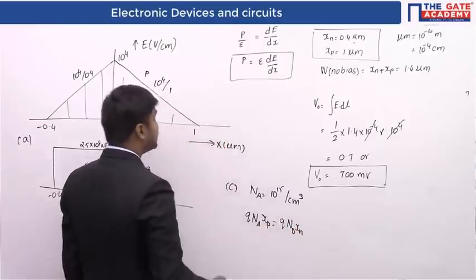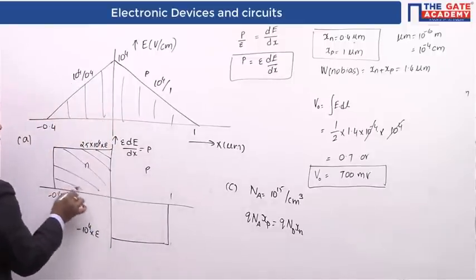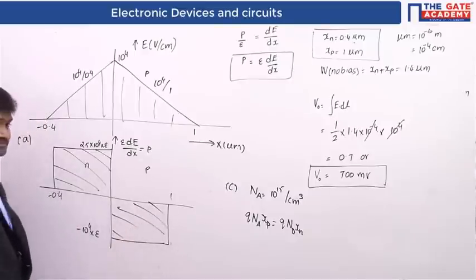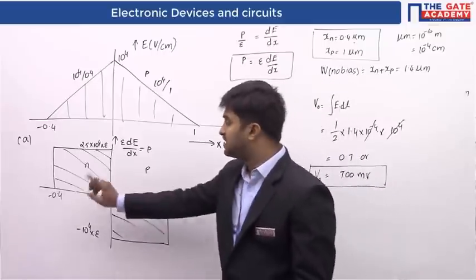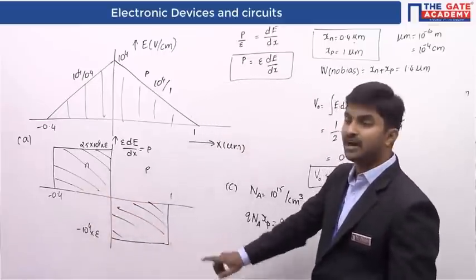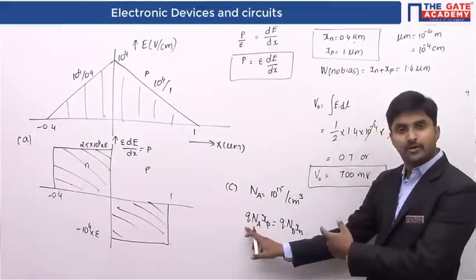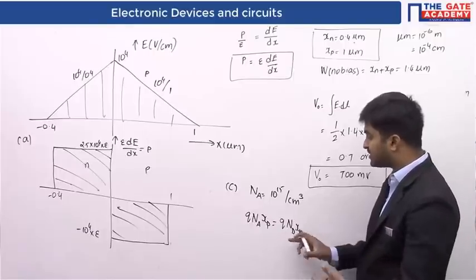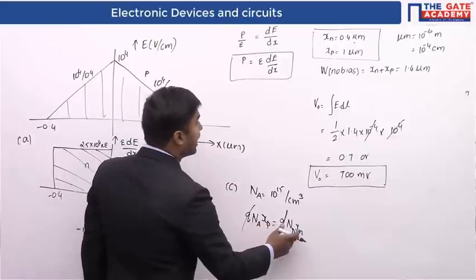It means that the total charge in the depletion region on the P-type side is equal to the charge on the N-type side. Very important formula again. Q gets cancelled out. Na multiplied by Xp is equal to Nd multiplied by Xn.